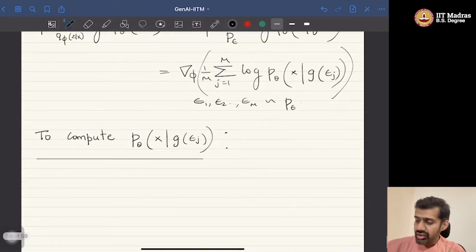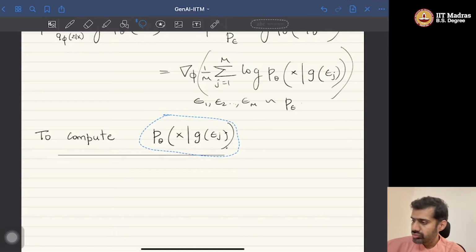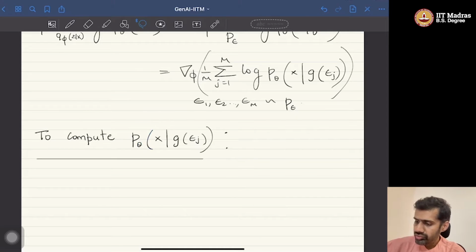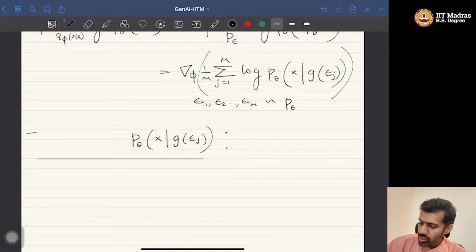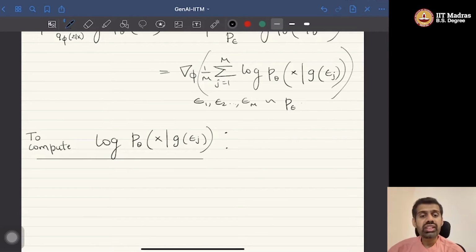In practice, we can put a log here as well. To compute log of this, this is the term that we need to compute, so we'll see how to compute this.